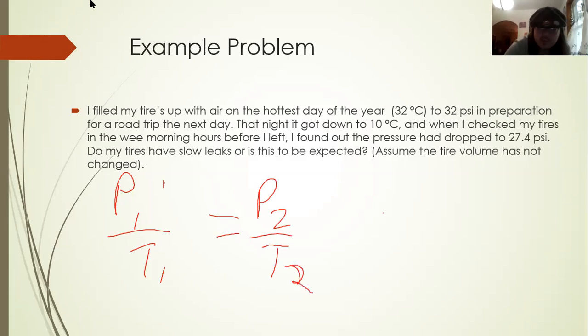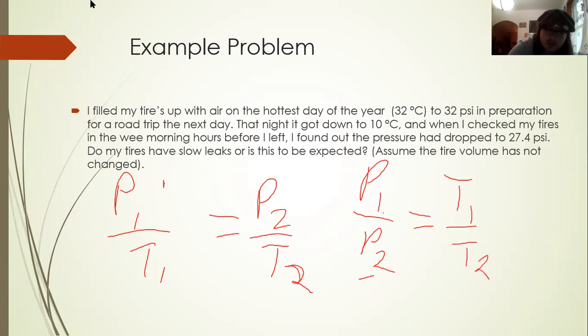Now, one might say, oh, I need to know how many psi are in an atmosphere, how many psi are in a bar. But really, you don't, because of one little thing. If you rearrange this equation, you can say P1 over P2 is equal to T1 over T2.